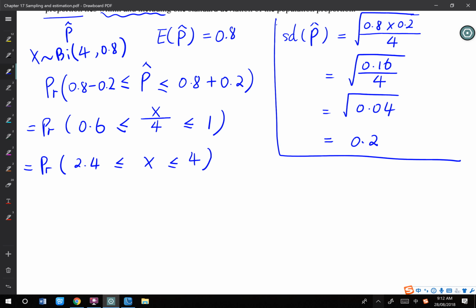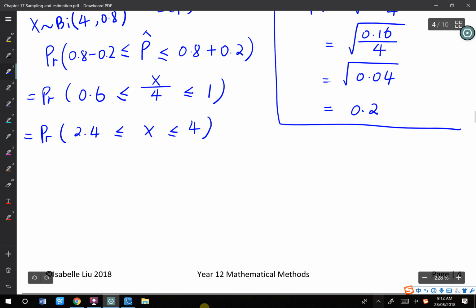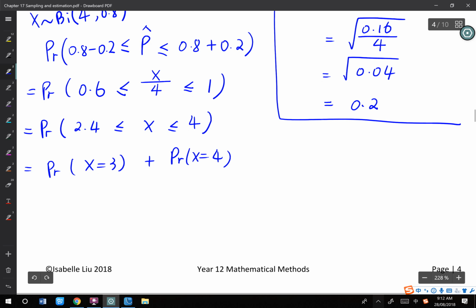What are the integer values in between? 3 and 4. So what I have now is probability x equals 3 plus probability x equals 4. X equals 3 and x equals 4, so those are the two probabilities I'm looking for.